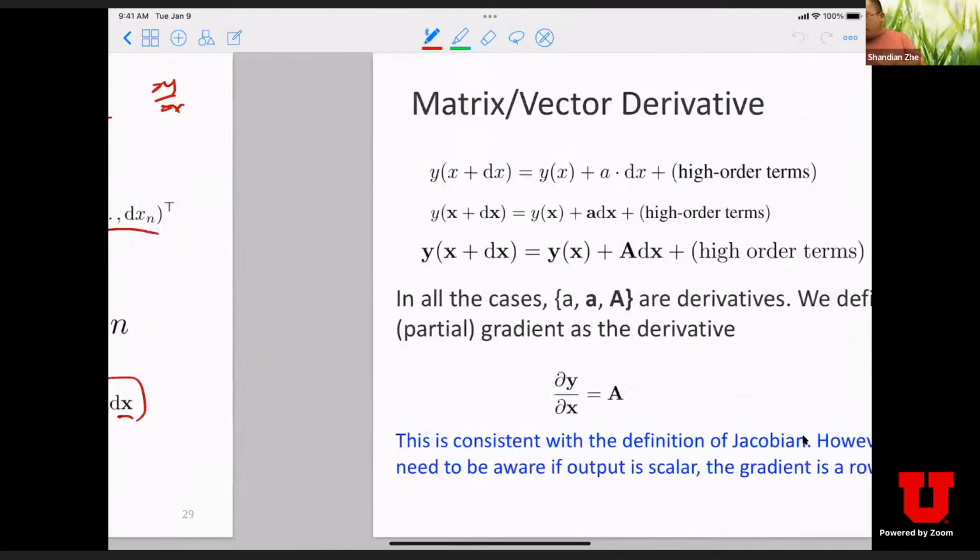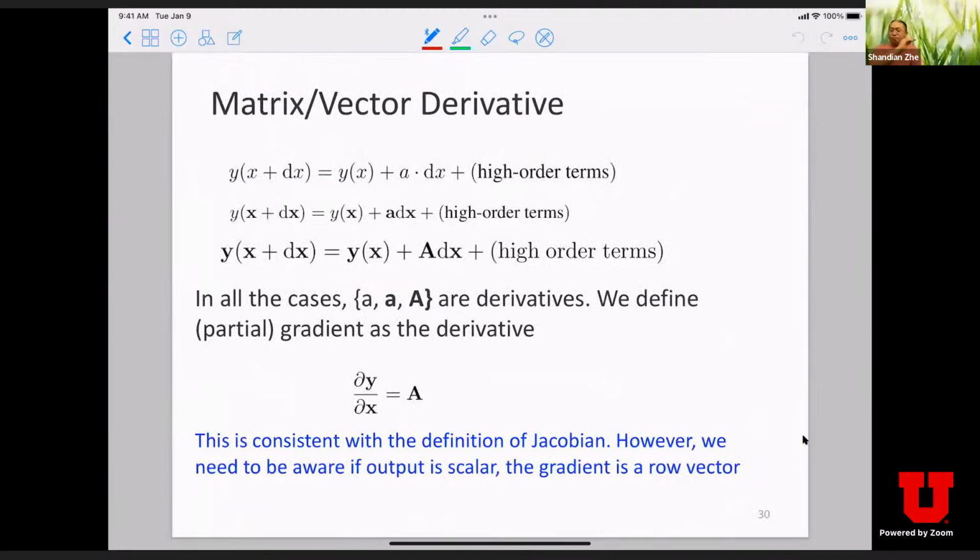Now, from the definition of derivative, if you write down the difference between your function value after you perturb your input, this can essentially be viewed as a Taylor expansion, a very simple first-order Taylor expansion.